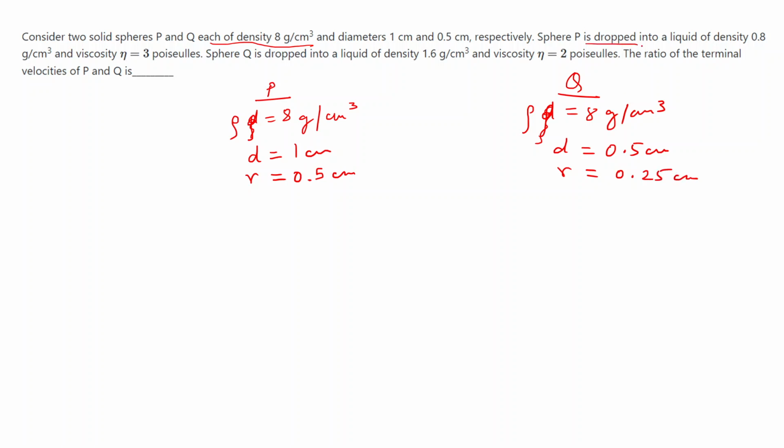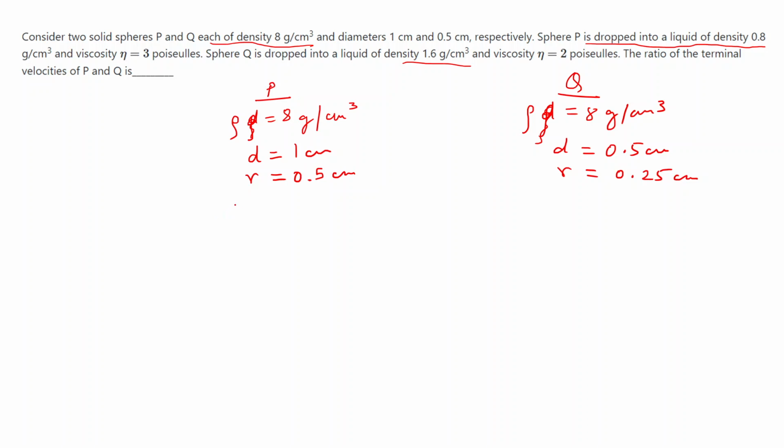Sphere P is dropped in a liquid of density 0.8 gram per cc, whereas sphere Q is dropped in a liquid of density 1.6. So these two spherical bodies are dropped in different liquids actually, and we have been given the density of those liquids.